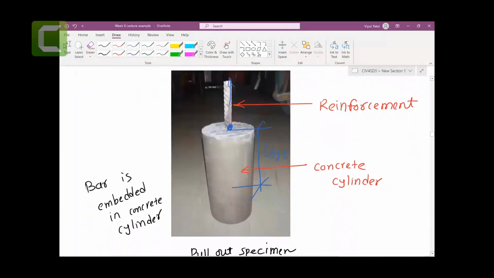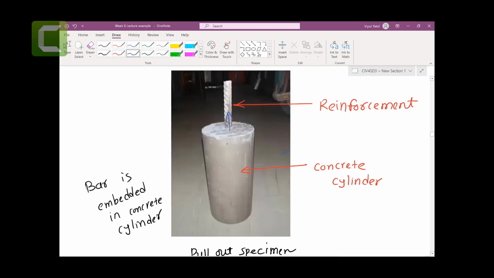Oh, I talked about the pull out test. You remember yesterday, you have a concrete cylinder and we put this bar in the concrete cylinder, and then you pull that bar, and you keep pulling, making sure that this bar doesn't come out from the concrete. That's the main goal. We don't want to pull this one out. You make sure that we provide enough length.